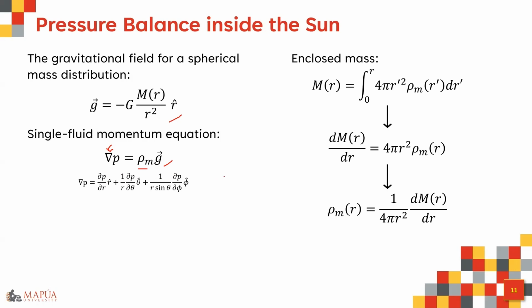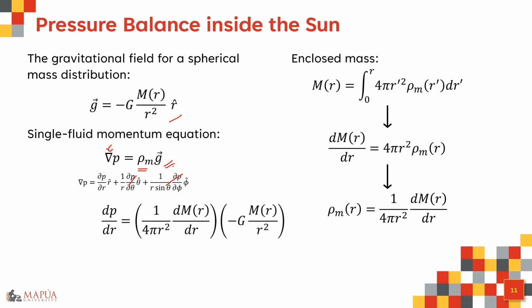Because everything is in radial direction, there's no variation in the angular direction. So these terms are cancelled. So this will now become a total derivative with respect to r. And then substituting your expression for rho and g, you'll end up with this equation.